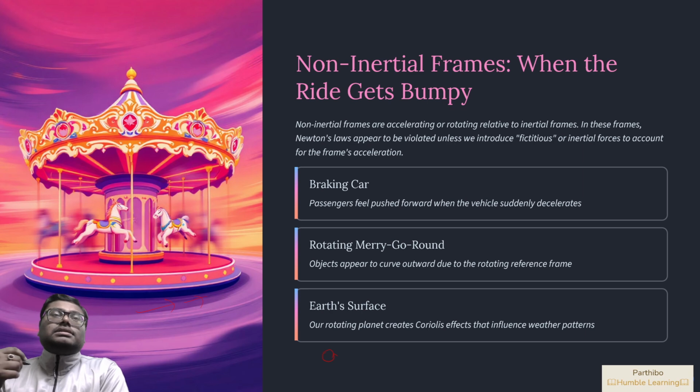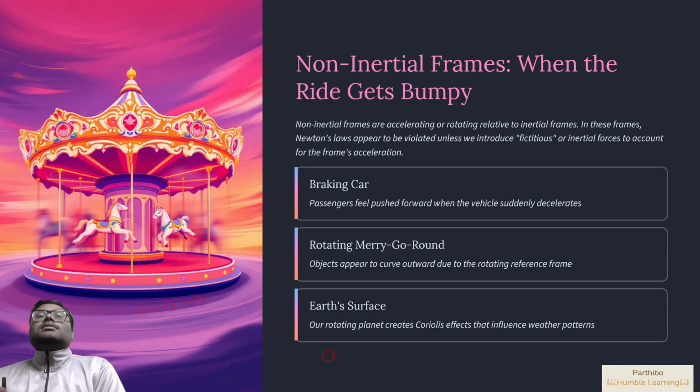We have to introduce something extra to validate Newton's law. In these frames, Newton's law appears to be violated unless we introduce fictitious force, or pseudo force, or inertial force to account for the frame's acceleration.